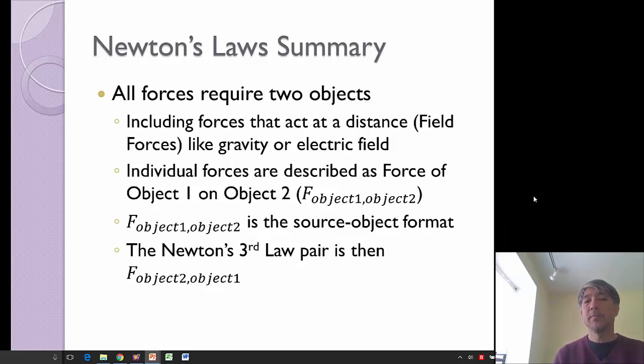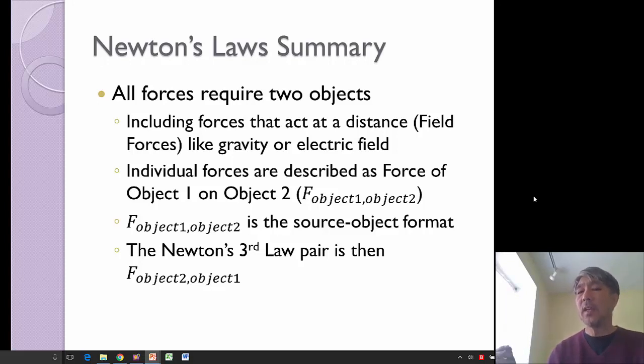Just to summarize Newton's three laws, all forces will require two objects: an object providing the force and an object receiving the force, a source and a receiving object. Even for forces that act at a distance, like gravity or the electric field that we'll see later on, there are two objects involved.